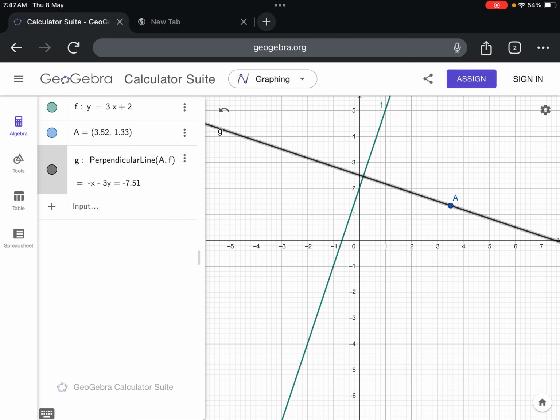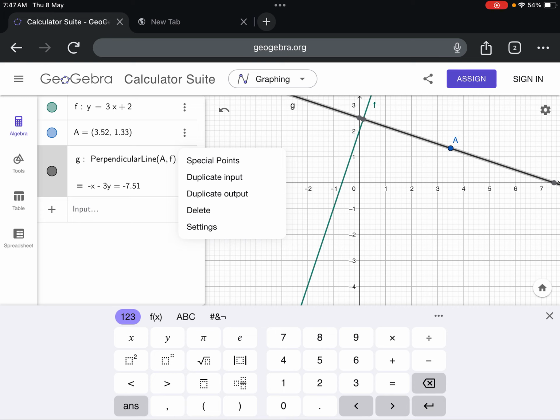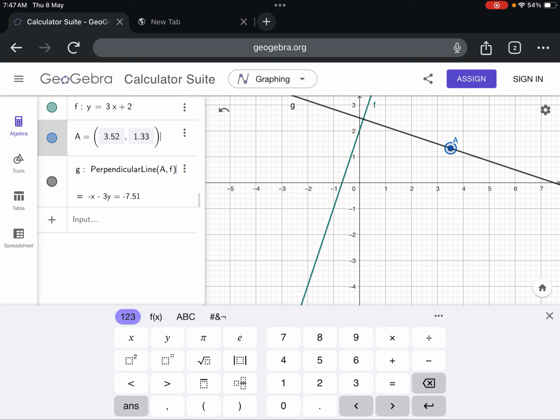Let me see if I can rearrange this equation so that it looks better as well. I don't need this point.